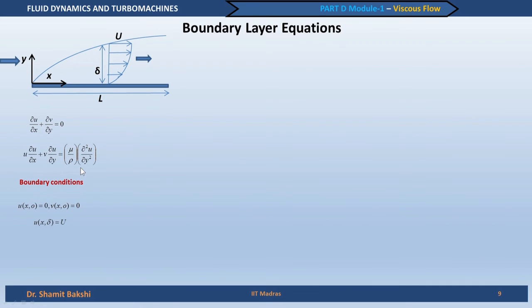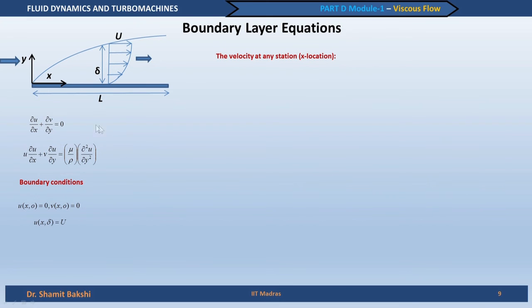That can be done if we make a few observations about this equation. So let us consider the velocity at any station. By station, what we mean is any x location. What can you say about the velocity? Of course this velocity comes from solving these two sets of equations. Mathematically that's what it is.